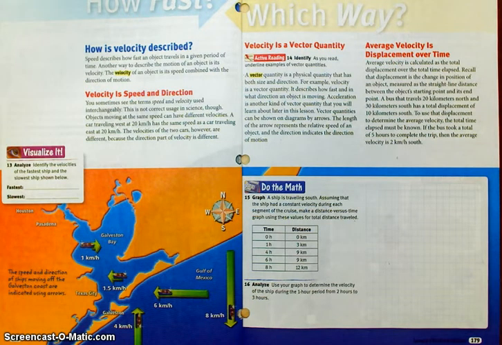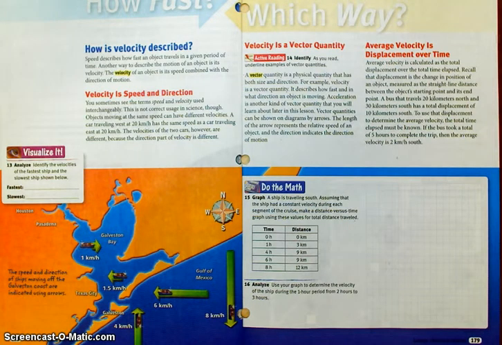All right, now I'm looking at average velocity as displacement over time. Well, displacement, remember, is not the same as distance. Distance is just how far did you travel, but displacement was how far are you from where you started, and those two things can be very different.